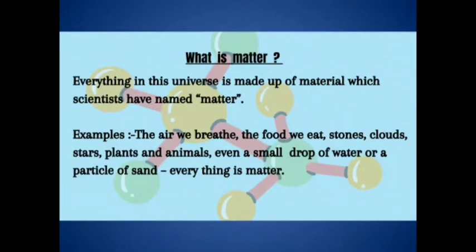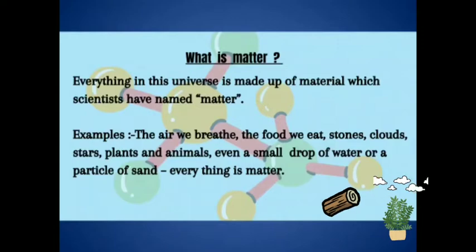Everything in the universe is made up of material which scientists have named matter. That means if you look around yourself, whatever things you notice around you, each and everything can be called matter, as long as it has some mass and occupies some space.